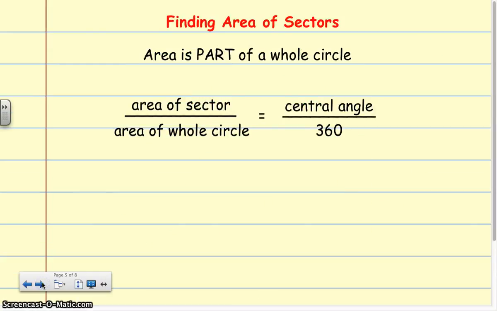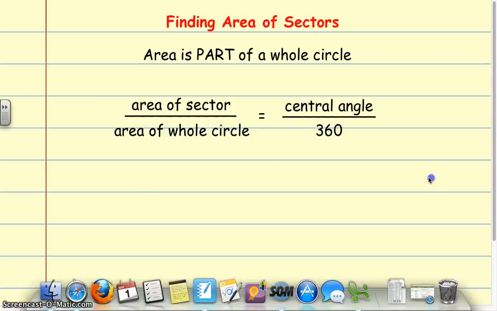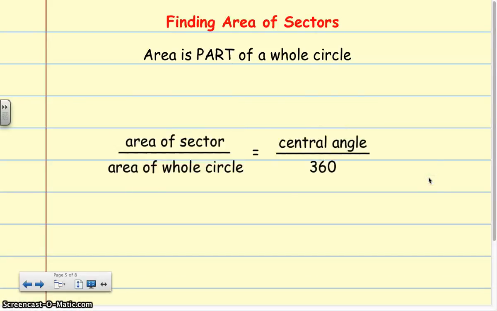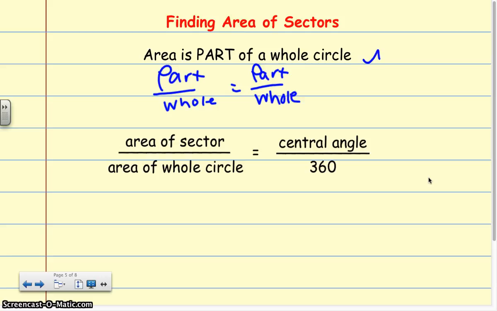Okay, the next concept we're going to have to learn is finding areas of sectors. Again, we're going to do that part is to whole. In my whole circle, the area of a whole circle is pi r squared.